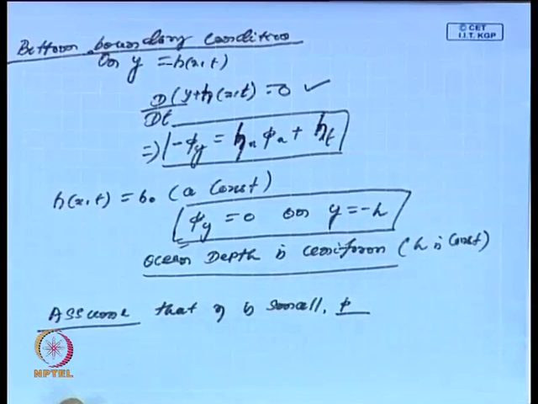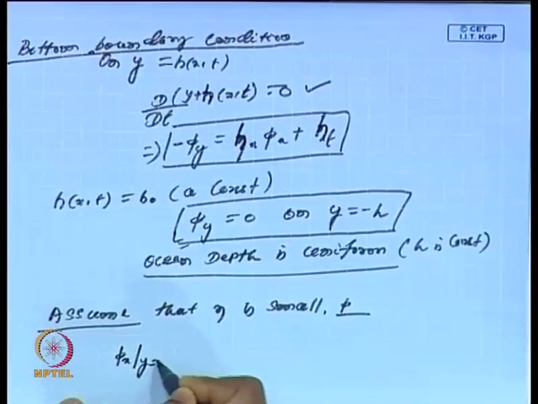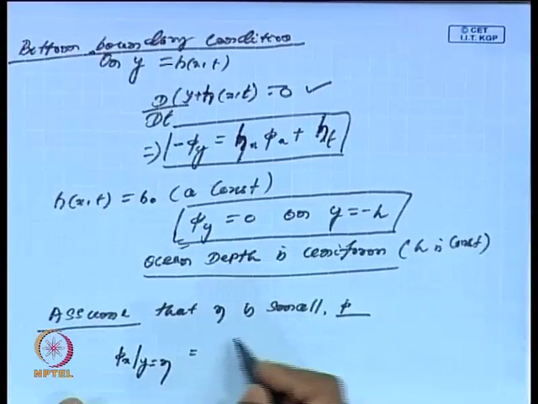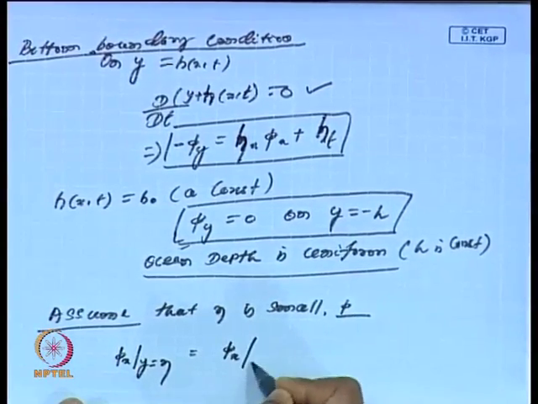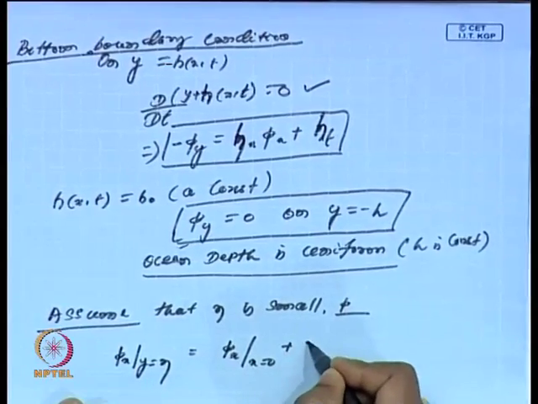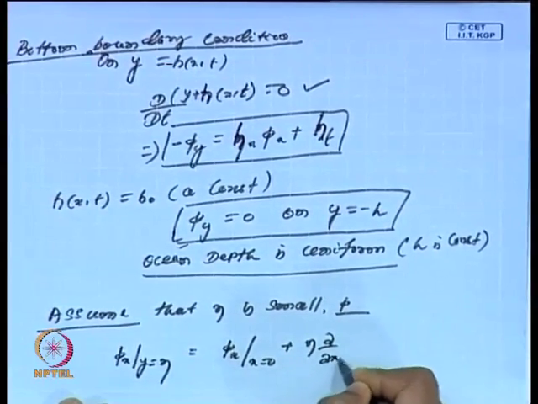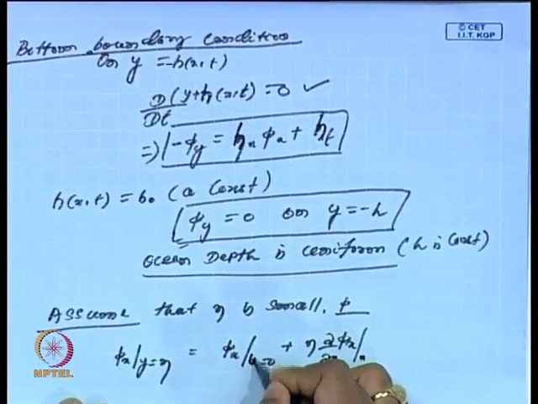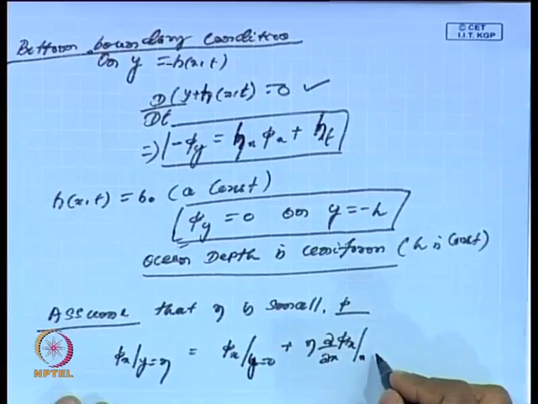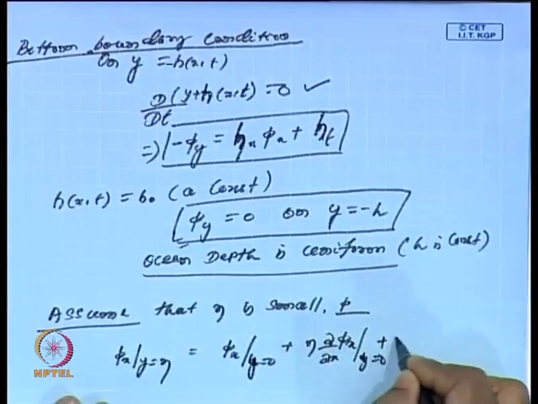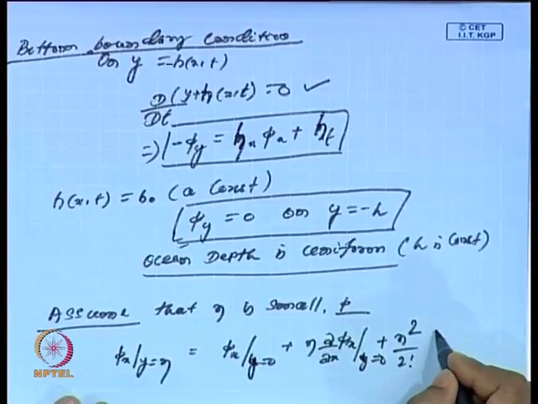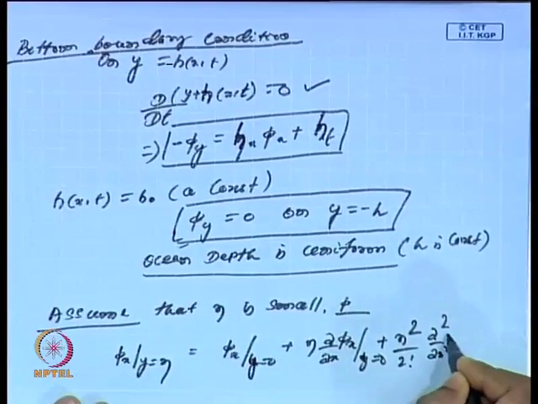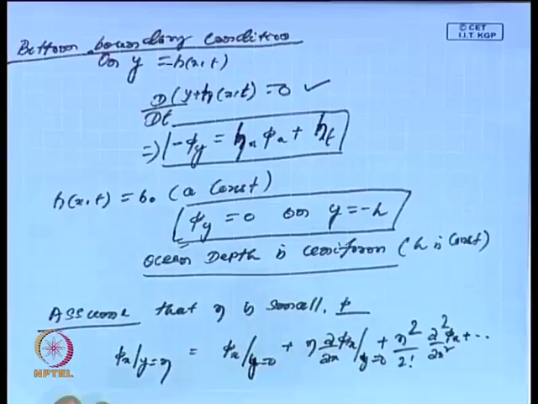So, in the process we can easily have a Taylor series expansion of the terms, that means phi_x at y is equal to eta, because eta is small. The Taylor series expansion will give you phi_x at y is equal to 0 plus eta del by del x, and at y is equal to 0 plus eta square by factorial 2 into del square by del x square of phi_x, plus higher order terms.